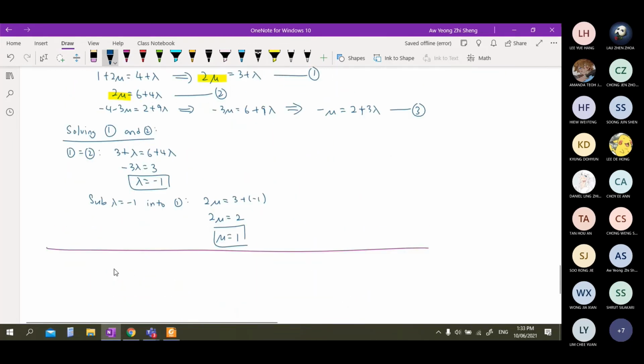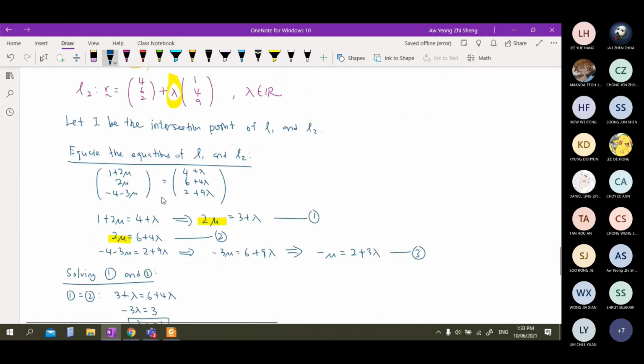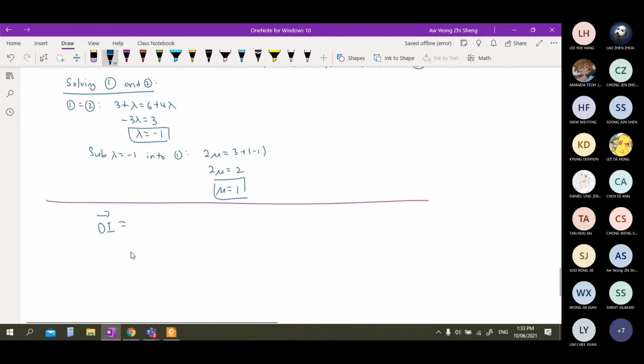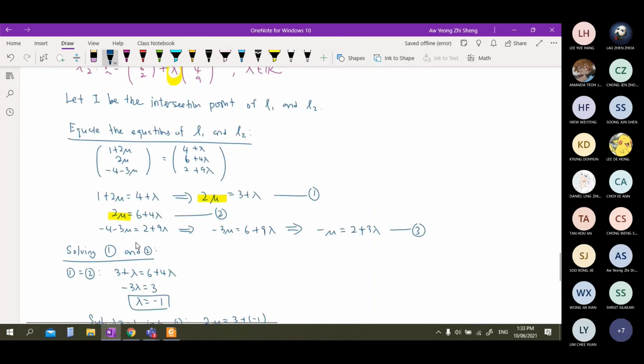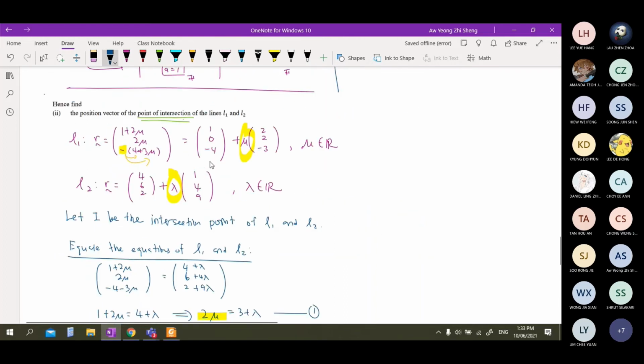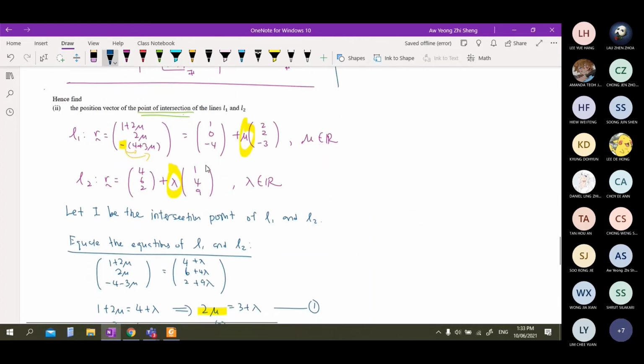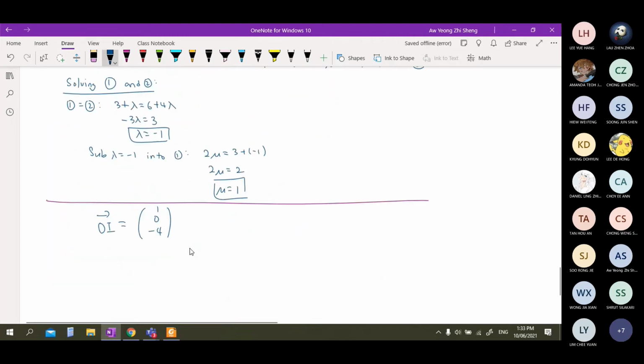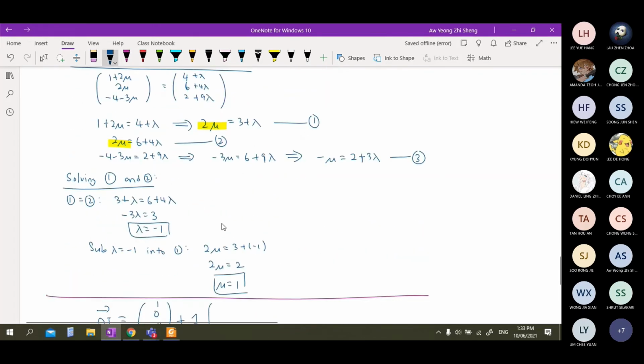Okay. So the next step, you can say OI. Since we have introduced I as the intersection point, OI will be understood as the position vector of the intersection. I choose to use the equation of L1 this time. That's (1, 0, -4) plus mu, which is 1, times (2, 2, -3).